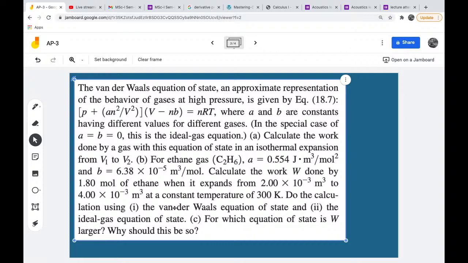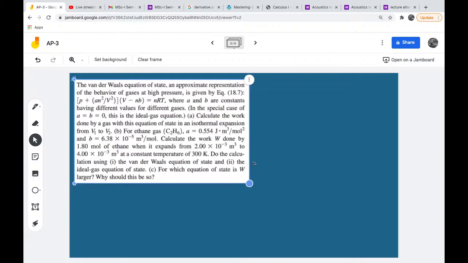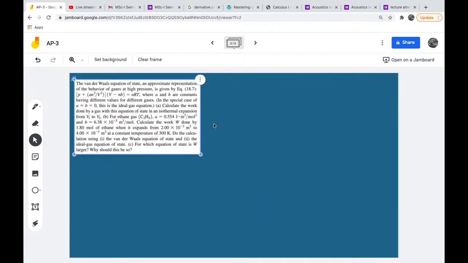Do the calculations using the van der Waals equation of state and the ideal gas equation of state, and for which equation of state is the work done larger, and why should it be so? So that's a very straightforward question. Let's take it in some steps.